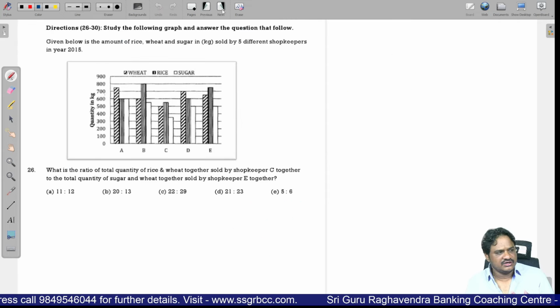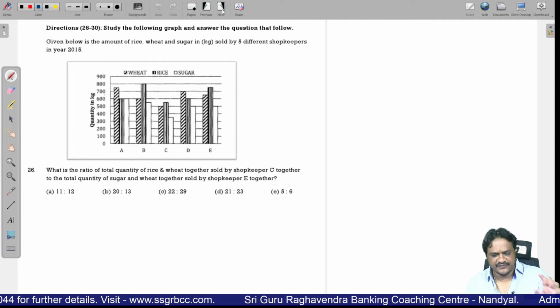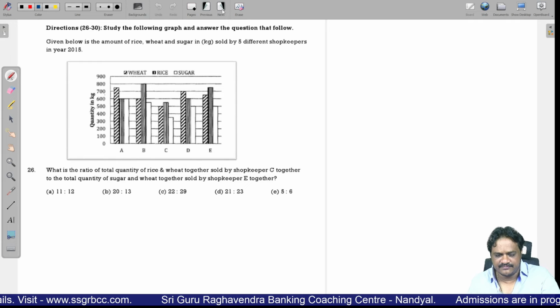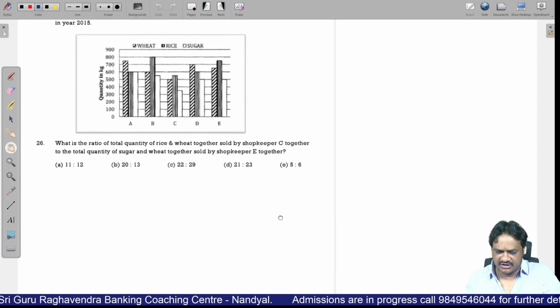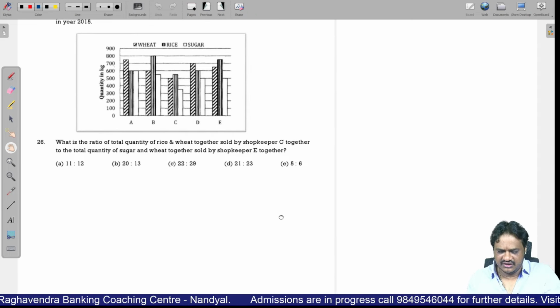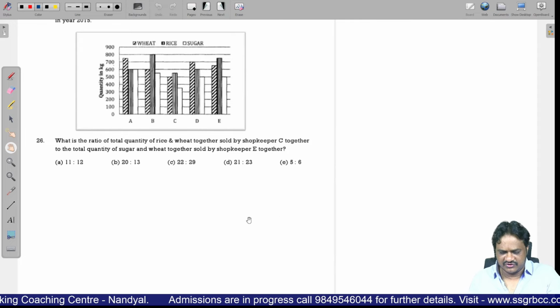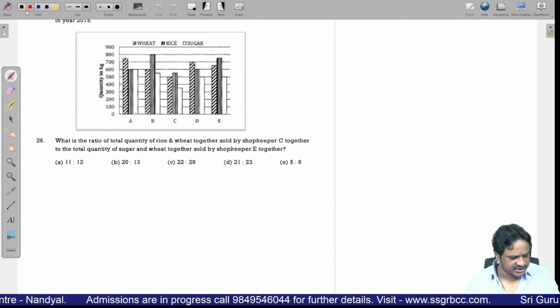Study the following graph carefully to answer the given questions. Here we are given one bar diagram. Given below is the amount of rice, wheat and sugar sold by 5 different shopkeepers in the year 2015. Based on this, you have to answer the questions. For this type of question, instead of using the bar diagram, draw one table.